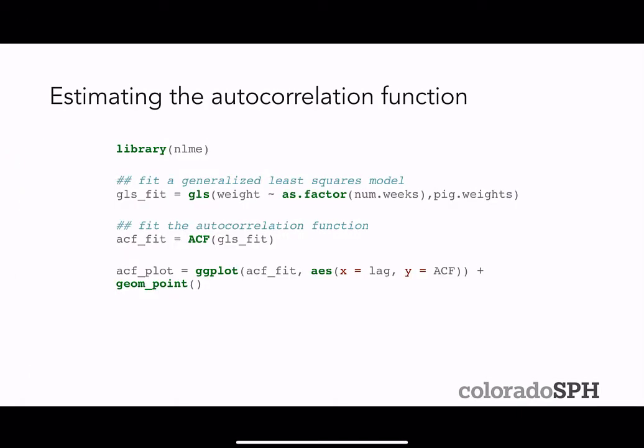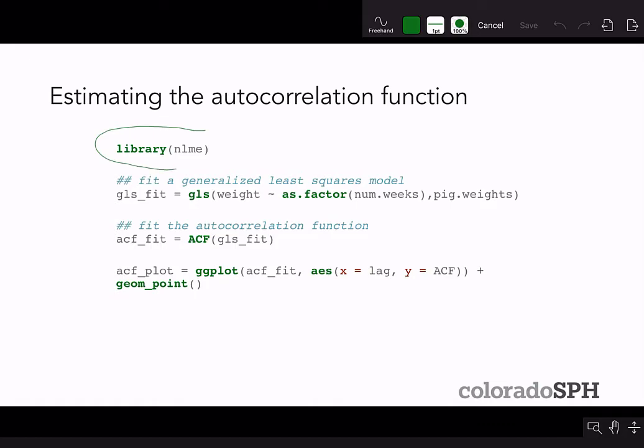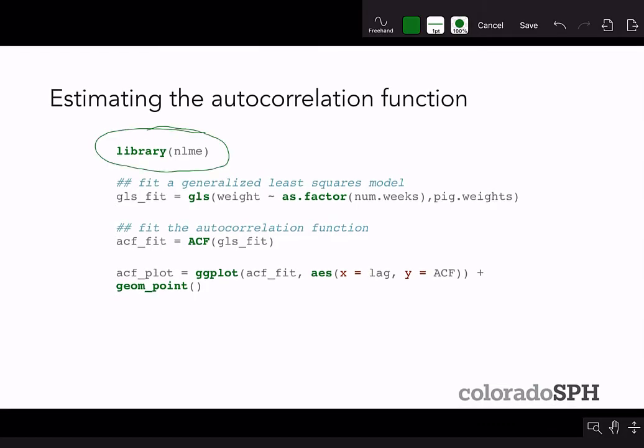Okay, so how do you actually estimate the autocorrelation function? There are a few ways to do this, but the one that I use most often is using the nlme package, which stands for Nonlinear Mixed Effect Models. And this package will come up throughout the rest of the semester when we look at linear mixed effects models. The first thing you do is fit a model to the data.